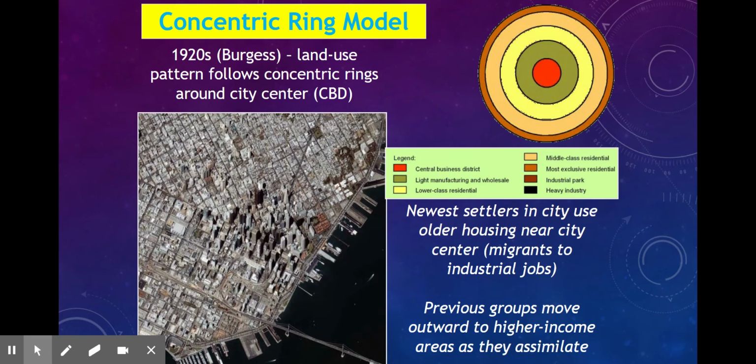And what we might see is different groups moving into higher income areas as they assimilate into the general population. Oftentimes when we talk about immigration at this time, we see that process of assimilation happening with ethnic minorities and immigrant groups.